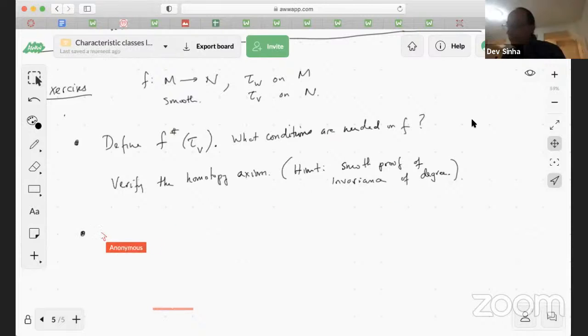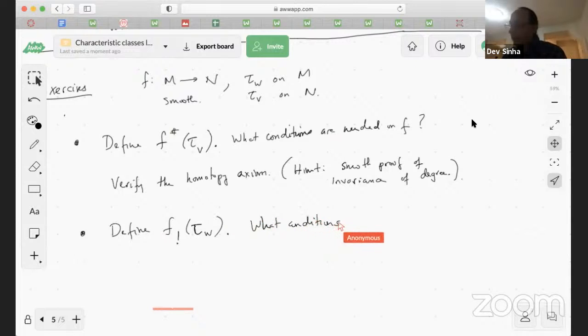But let's also see if you can define some natural way to push a cochain forward. Again, we can repeat the question: what conditions are needed on F? Let me again spoil things a little bit and say more conditions are needed, because, well, it's funny, we call this F shriek, and it really says, oh, pay attention, there's something non-trivial going on here.